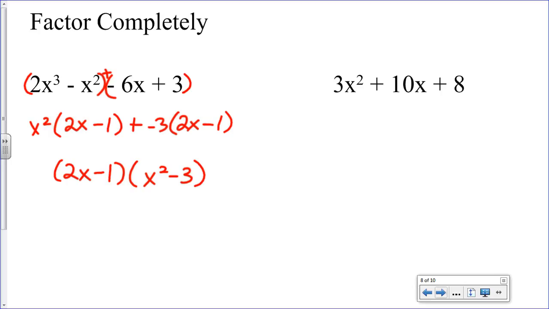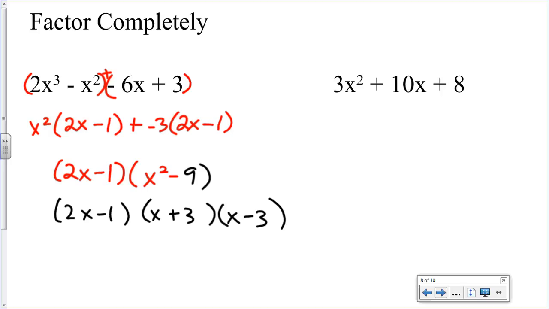Let's say, I'll change this back, but let's say you factored that and it ended up being like this. I could factor that further, so I would have to have one more step and finish like this. Does that make sense? Okay.